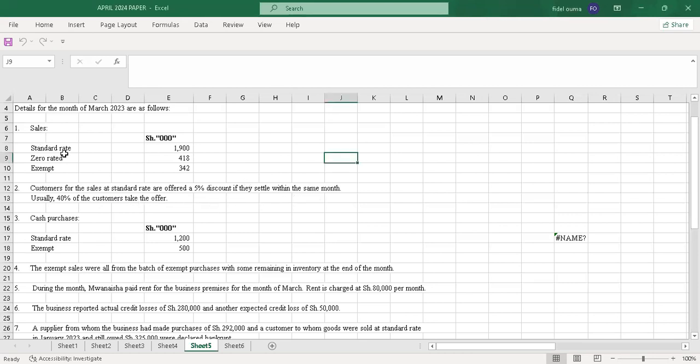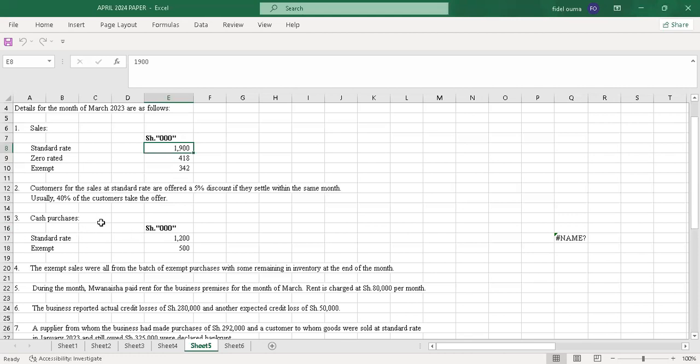You can see the standard rate. The total sales for the month of March 2023 was 1900, but only 40% of this takes the offer of the 5% discount. I'll come to that. Let me just read through so that I can come back and explain each additional information.